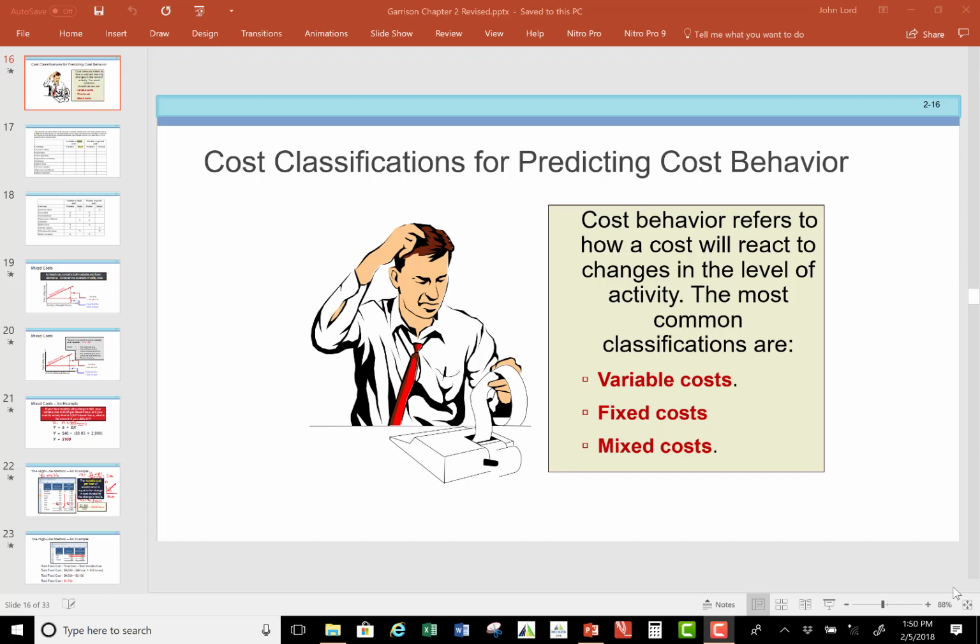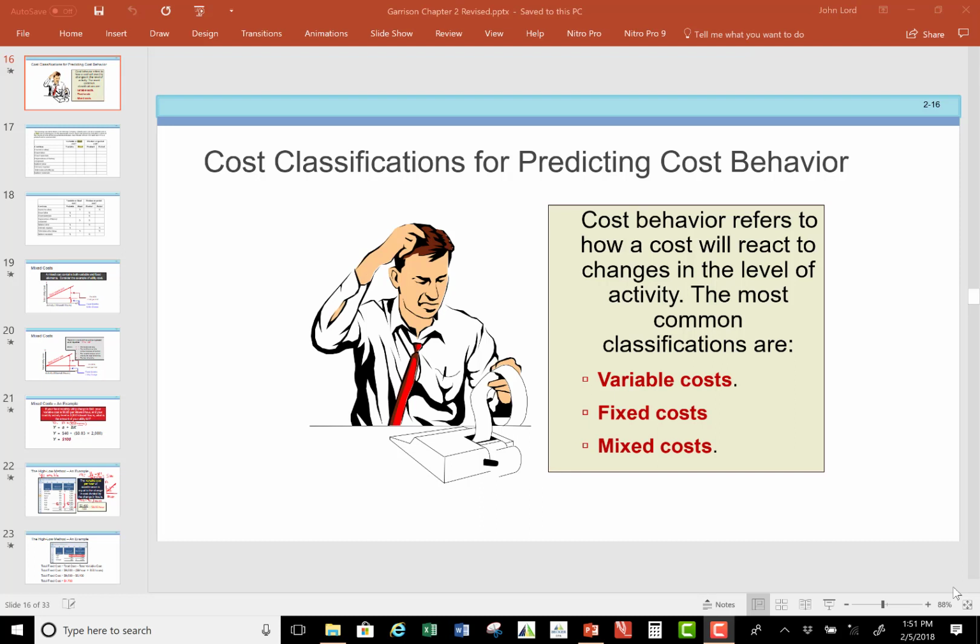So we could take depreciation and stick it in variable if we were using that manner of depreciation. But for this class, we'll assume straight line. We'll assume that depreciation is fixed, right? Okay, good. Now mixed costs are such that they have both a fixed component and a variable component.